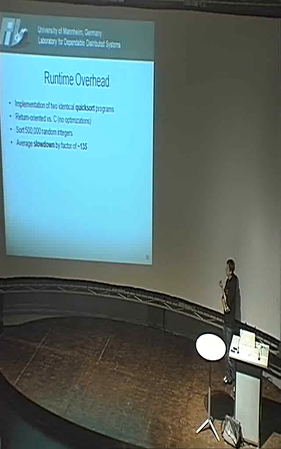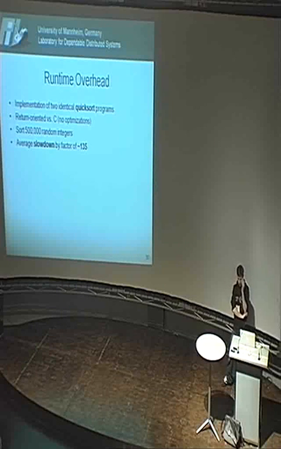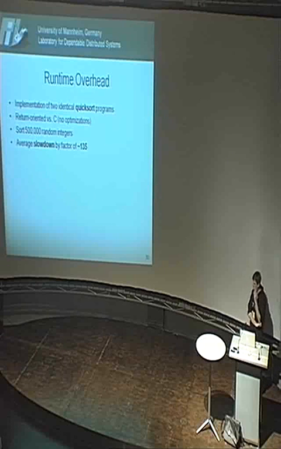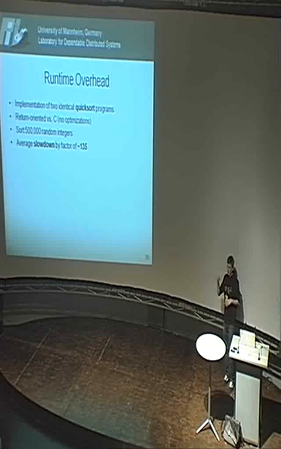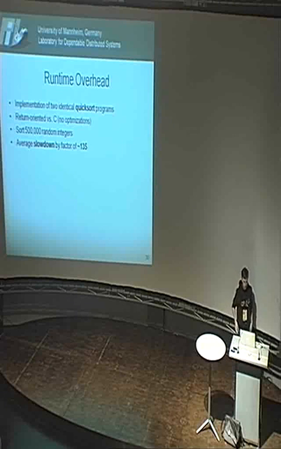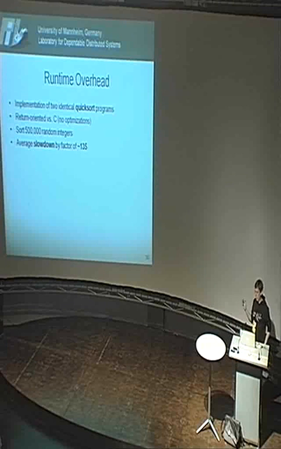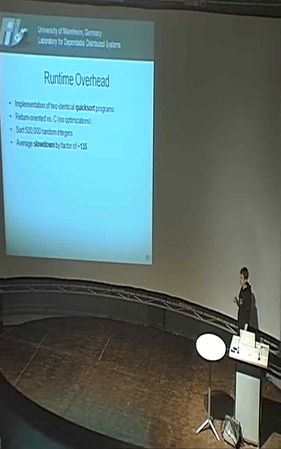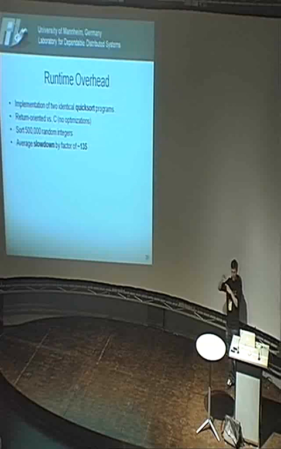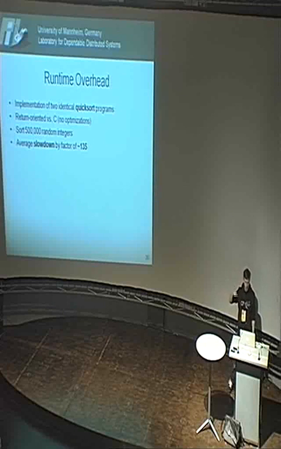I don't know why this is the case, but I assume it has something to do with caching optimizations, because as I showed you in one of the previous slides, normally code gets executed sequentially. You have some jumps in your code, but you have some sort of code locality. With return-oriented programming, this is really different, because you have instruction sequences at very different memory addresses, and you always jump between them.